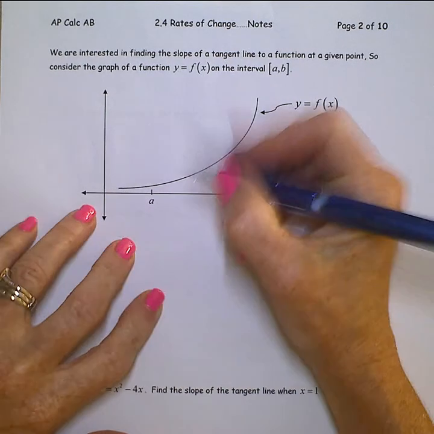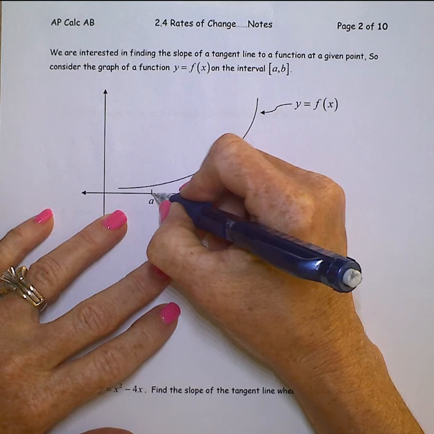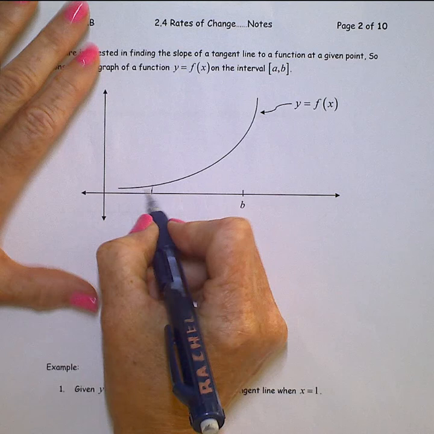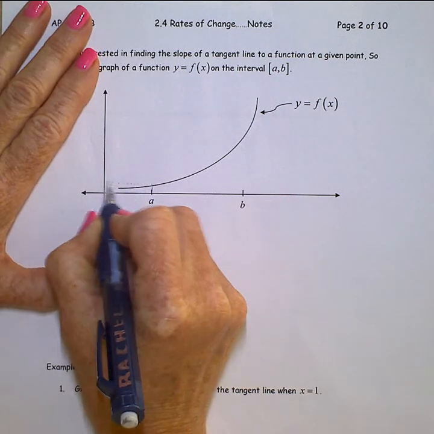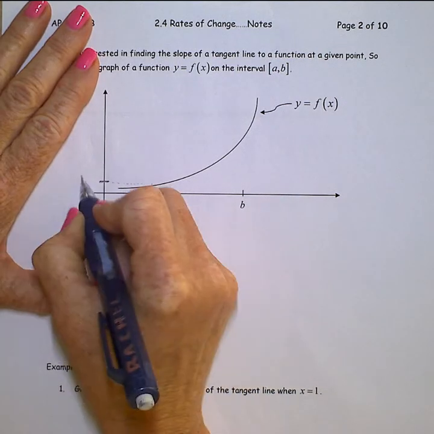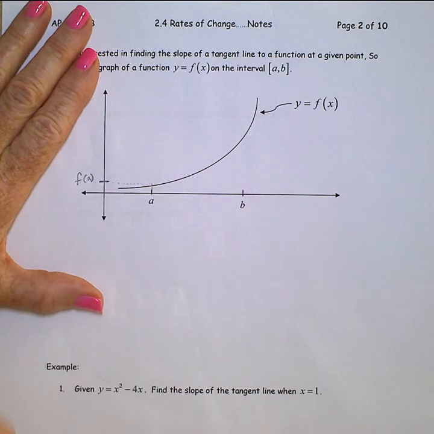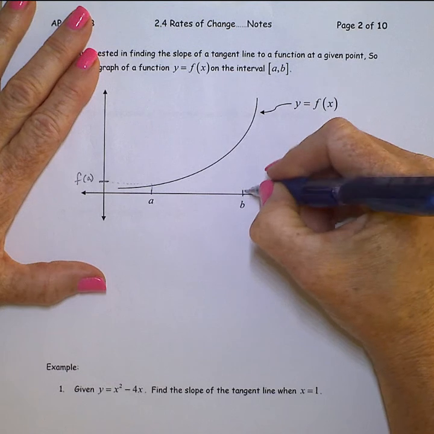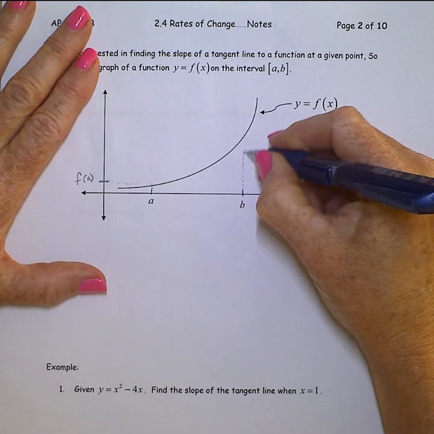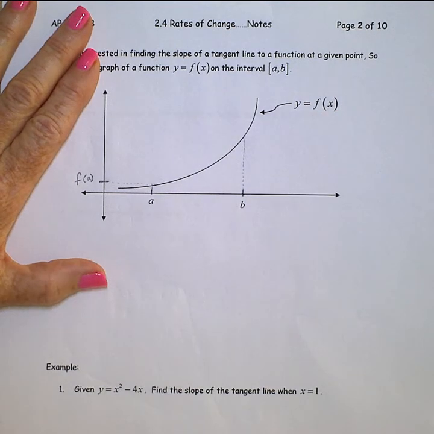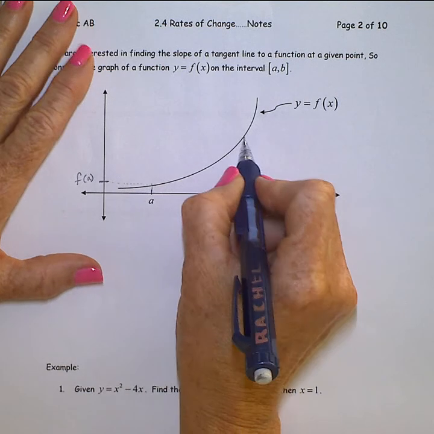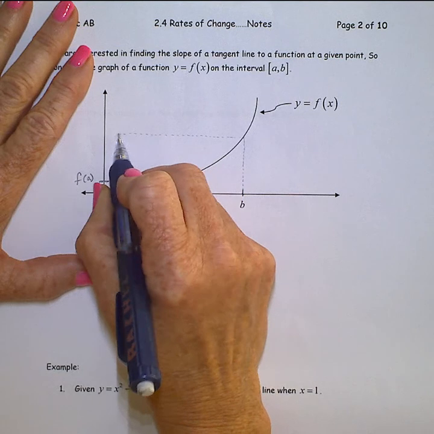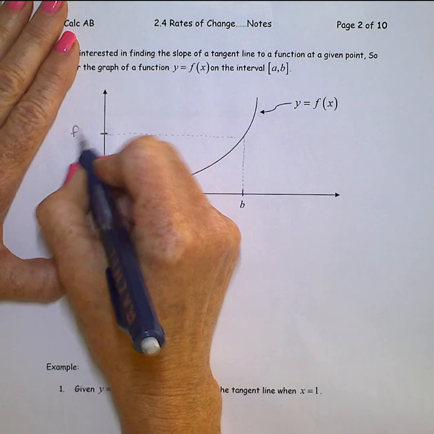And the first thing that I want you to do is find, take that a and line it up to the function, and then carry that over to the y value, and that y value would be f of a. This b, pull it up to the function, carry it over, and that's f of b.